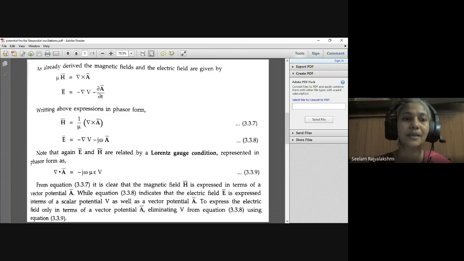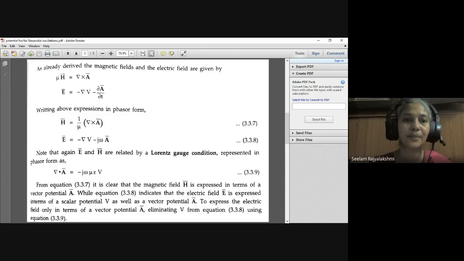So to express the electric field only in terms of vector potential A: H we can already observe in terms of A. Here also we can replace this in terms of vector potential A, eliminating V from equation 8 using equation 9.